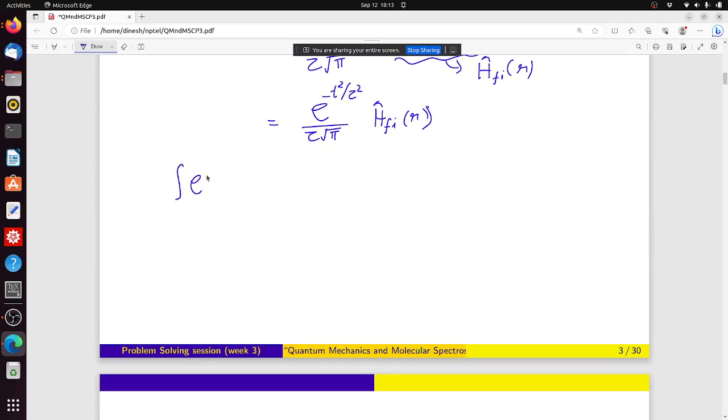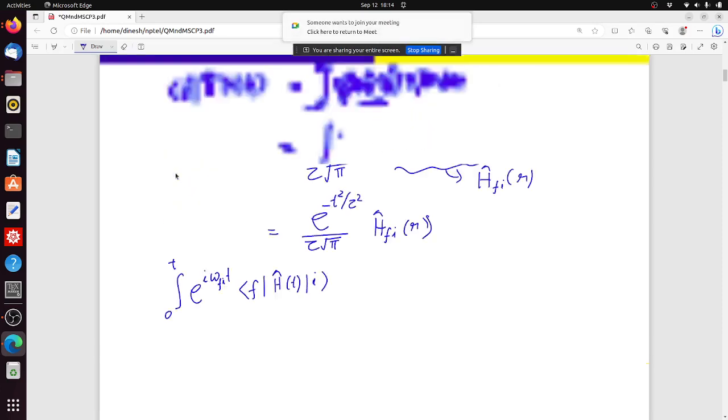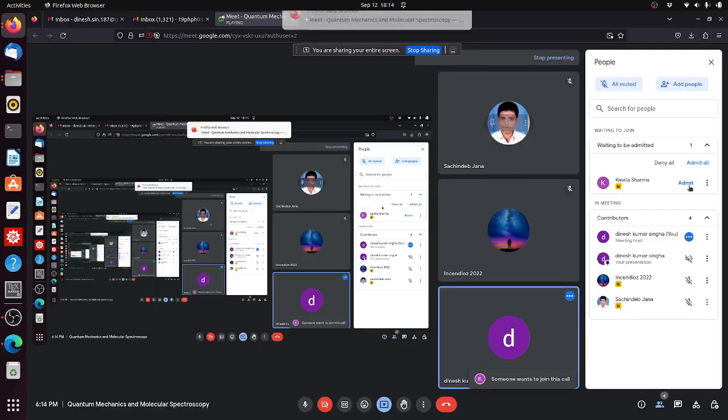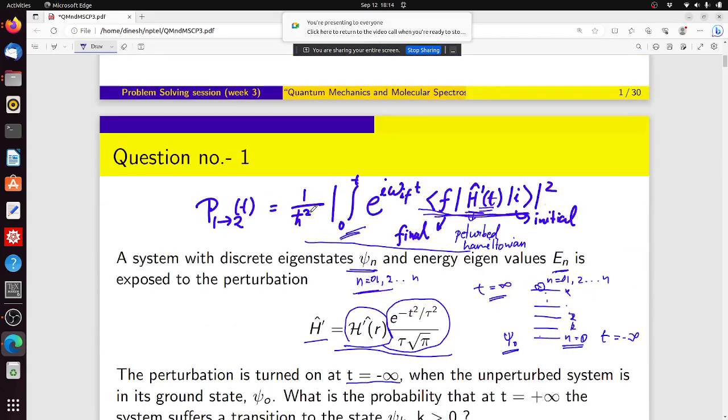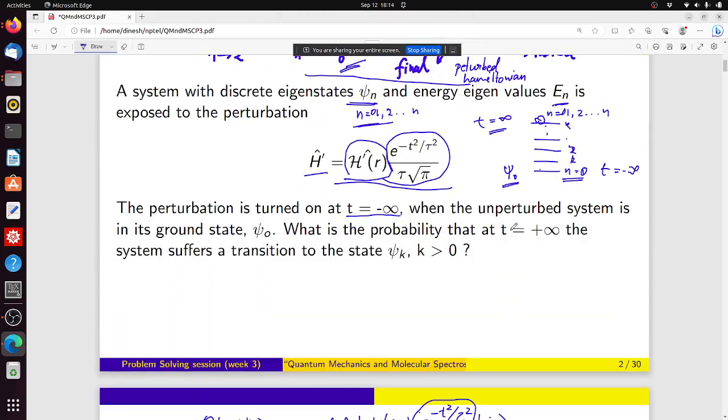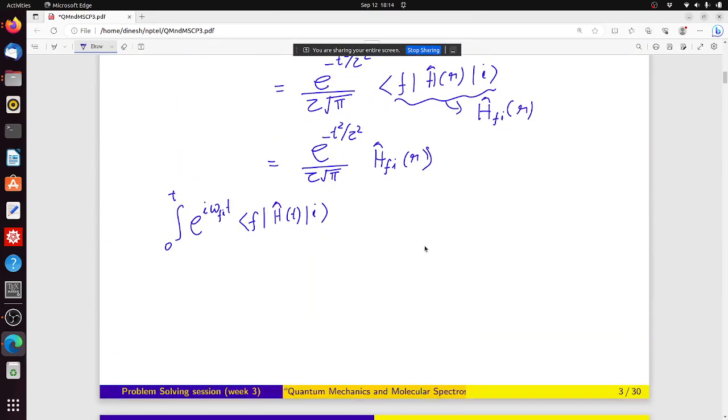Now this integration e to the power i omega fi t times this matrix element of h prime t, it's not 0 to t, time goes from minus infinity to plus infinity, and this part we just expressed as this term.